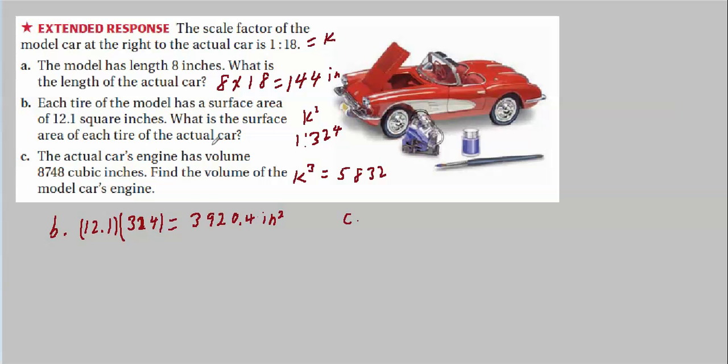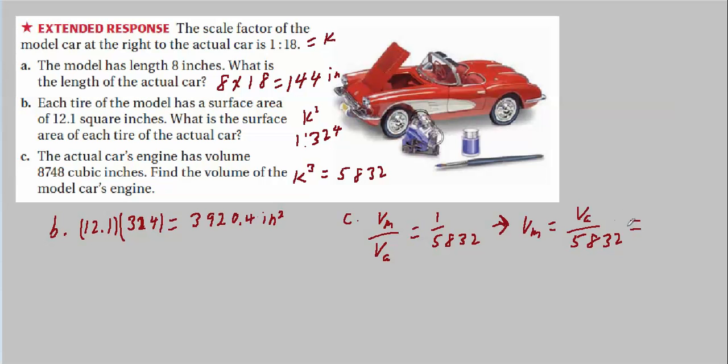Well, let's see here. They give us the actual one first. So all we have to do is divide. We could write it this way. The ratio of the volume of the model car to the volume of the actual car is 1 over 5,832. Or we do some rearranging and get the volume of the model car is the volume of the actual car divided by 5,832.